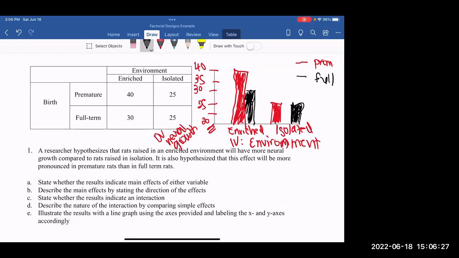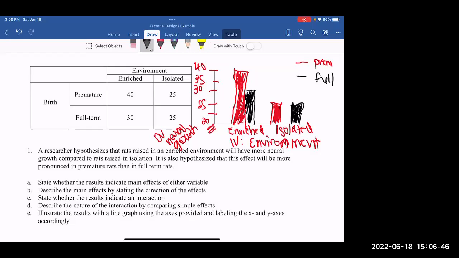Okay. So again, the difference between enriched and isolated for premature rats is much more significant, okay?